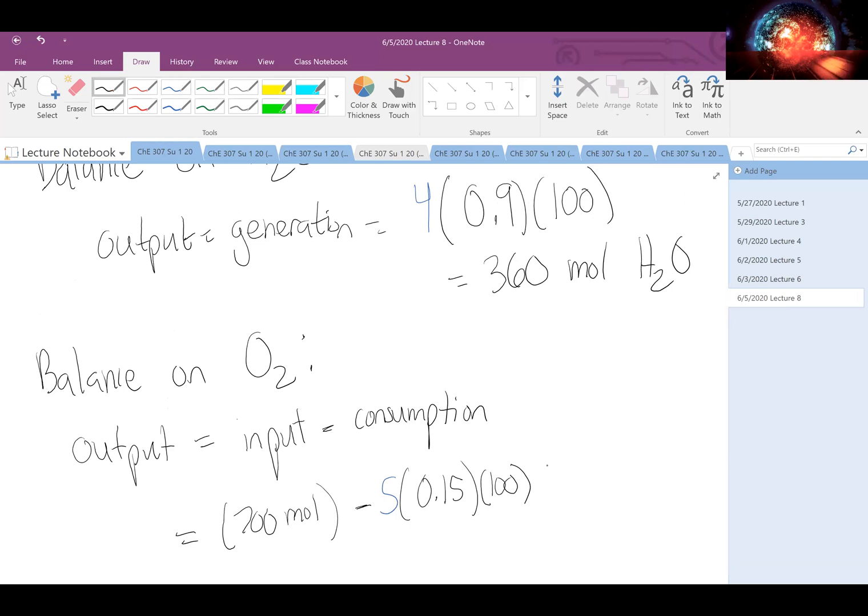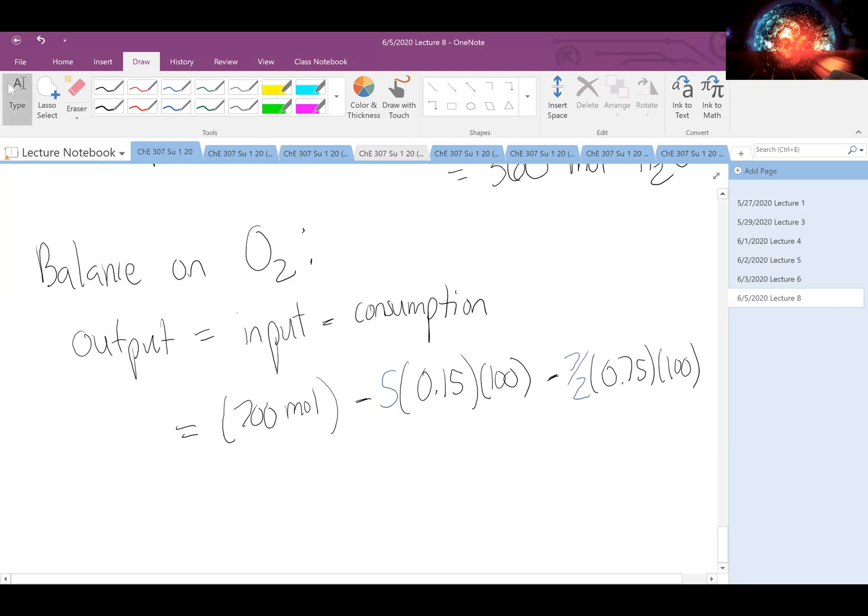And then for the second reaction, I had the remainder of that, or 0.75 times 100, with that stoichiometry being 7/2, or 3.5.